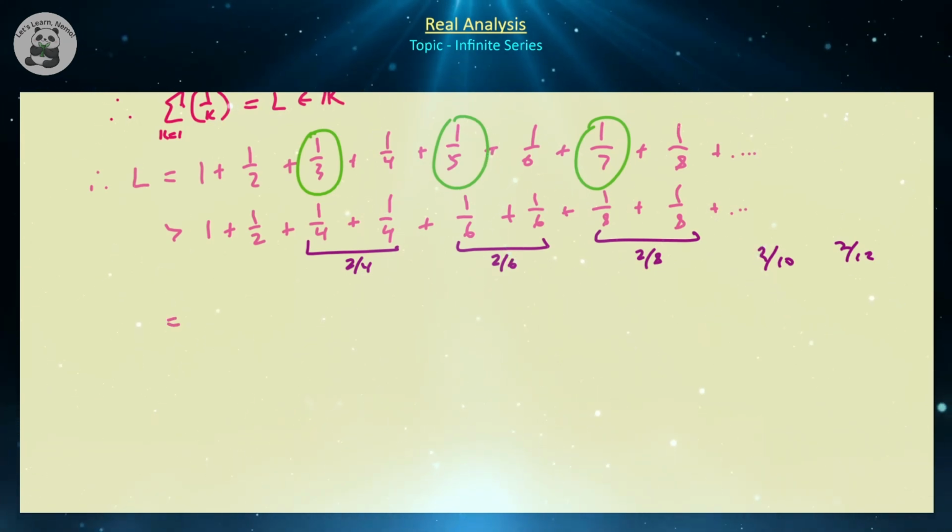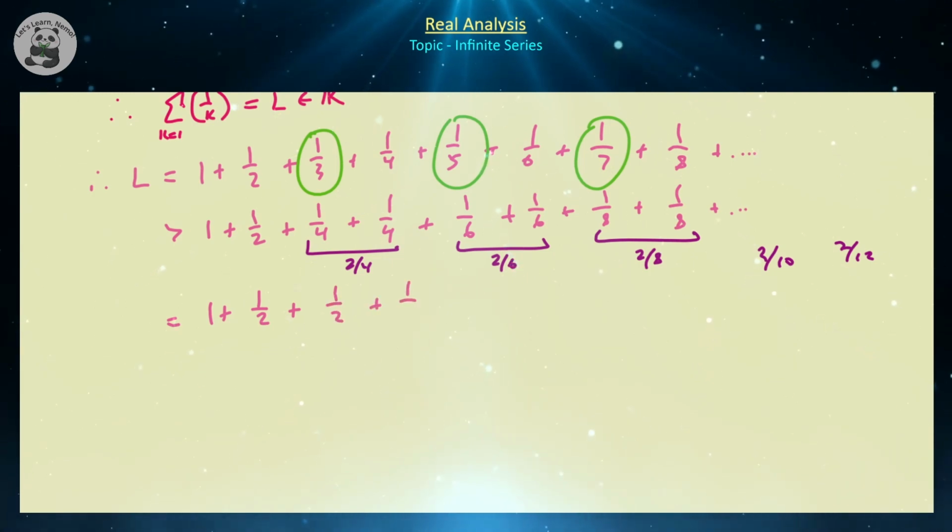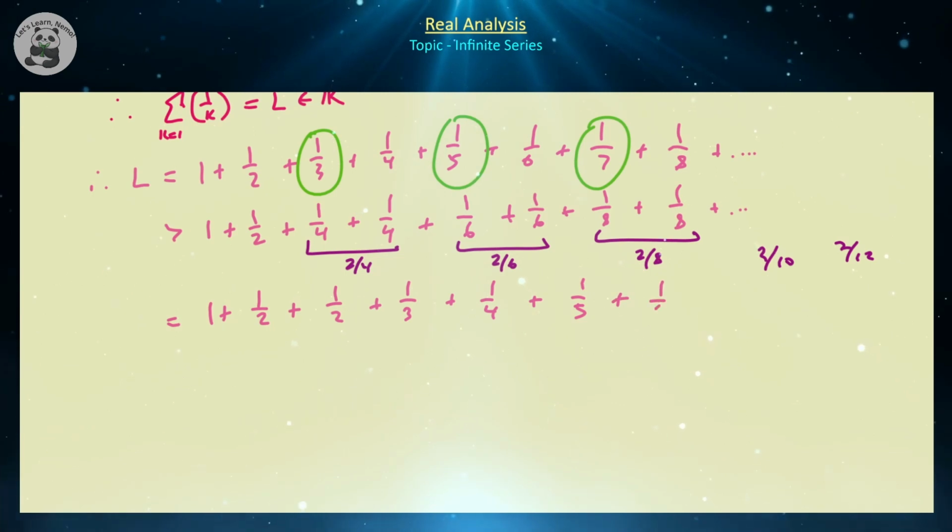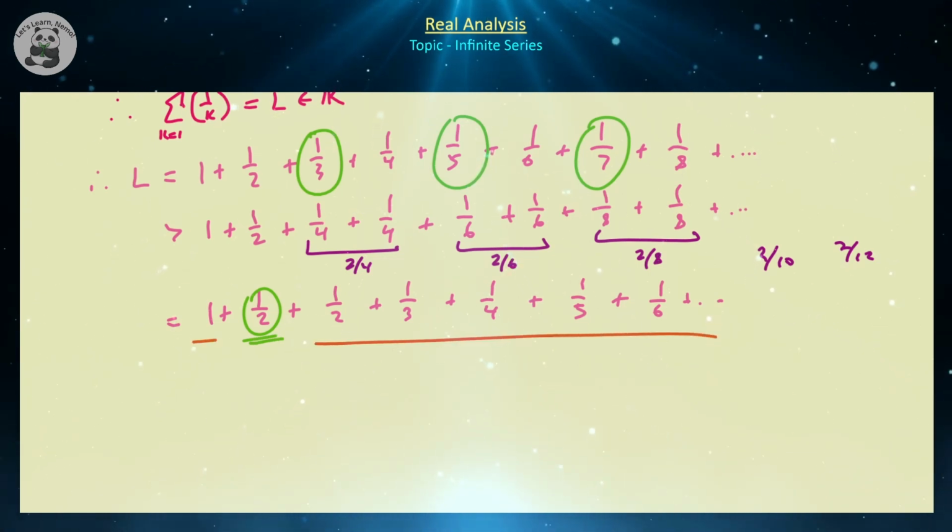So this is going to be equal to 1 plus 1 half plus 1 half plus 1 third plus 1 fourth plus 1 fifth plus 1 sixth, and so on. If you notice, if I ignore this particular 1 half, the rest of it is the same harmonic series.